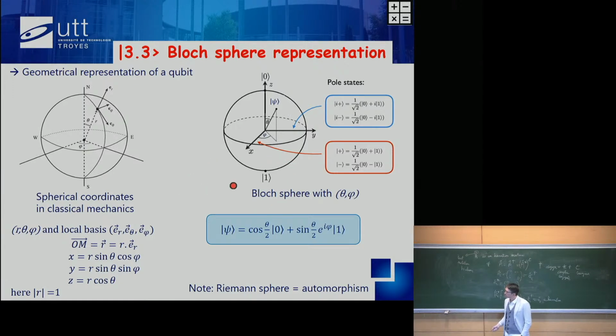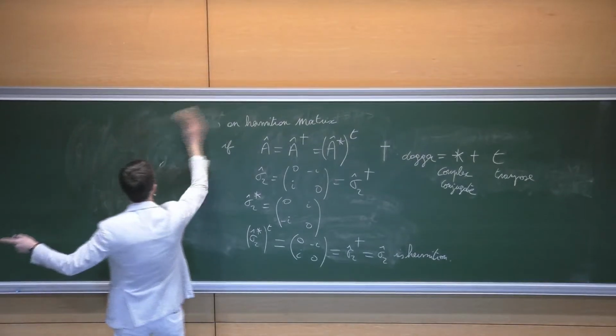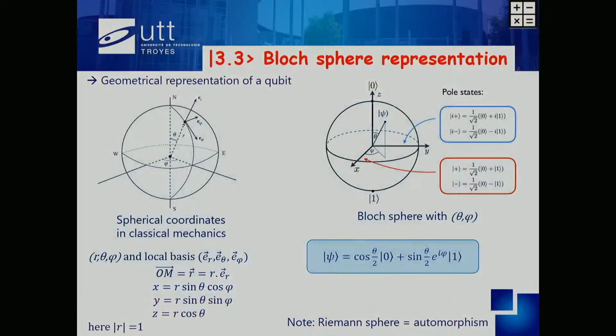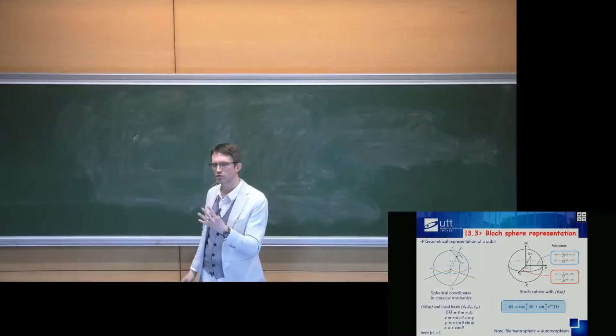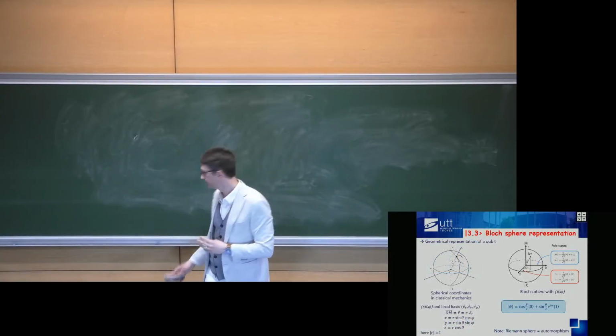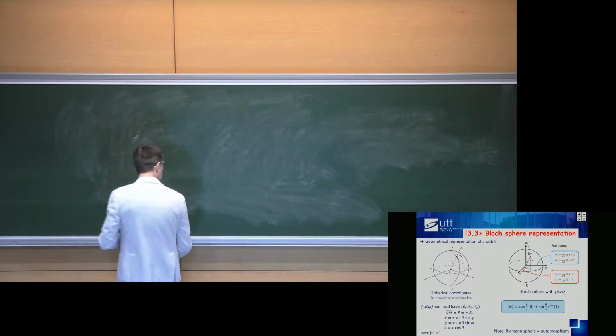And we can rewrite our qubit in this representation of the Bloch sphere by using theta and phi. The good thing about that is that the complex behavior of the coefficients appears here.